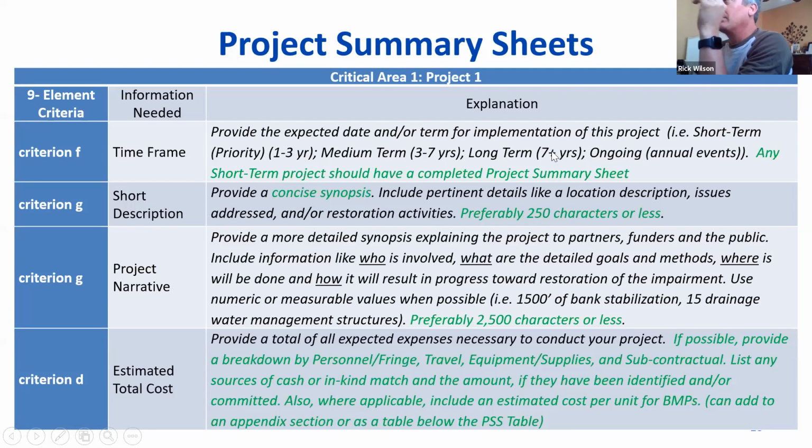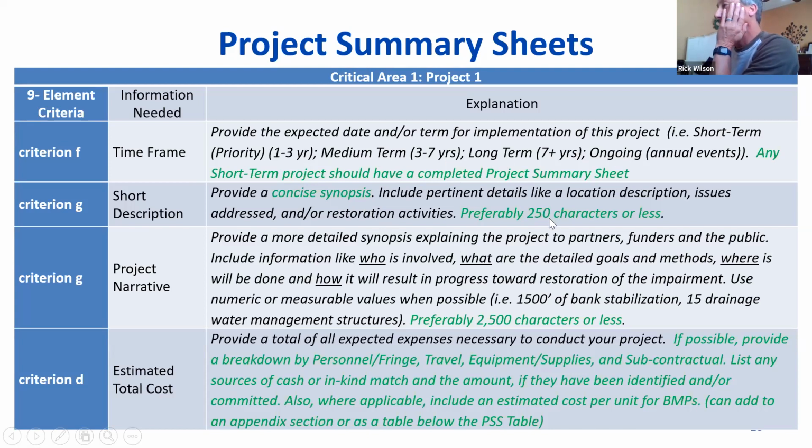We do have above the project summary sheet section in the template an overview table. That's where you put these immature or projects-on-the-horizon type of things. And then as your team meets, you can review that overview table, add to it, and then start maybe ripening some of those.